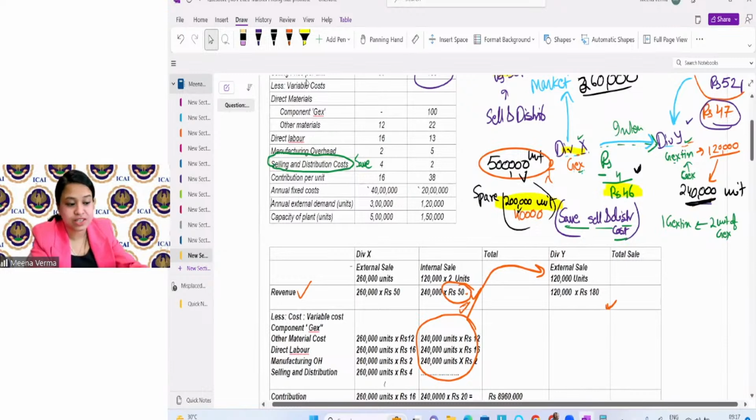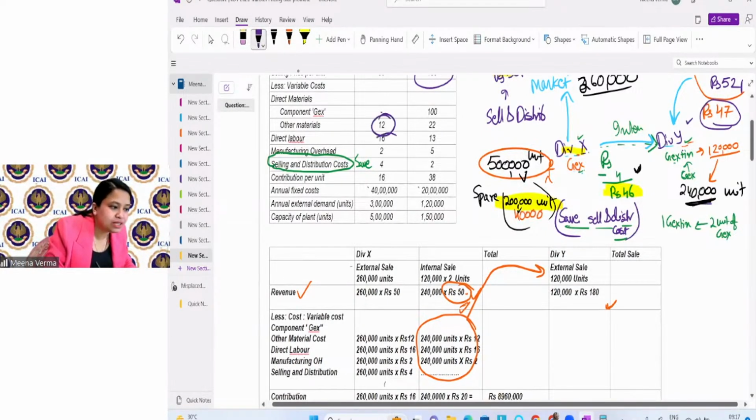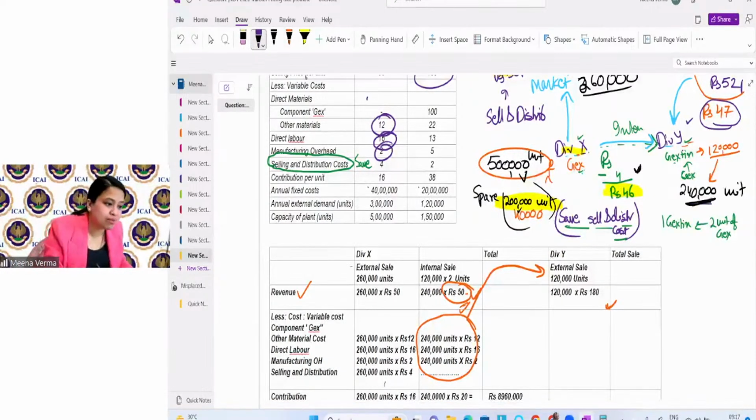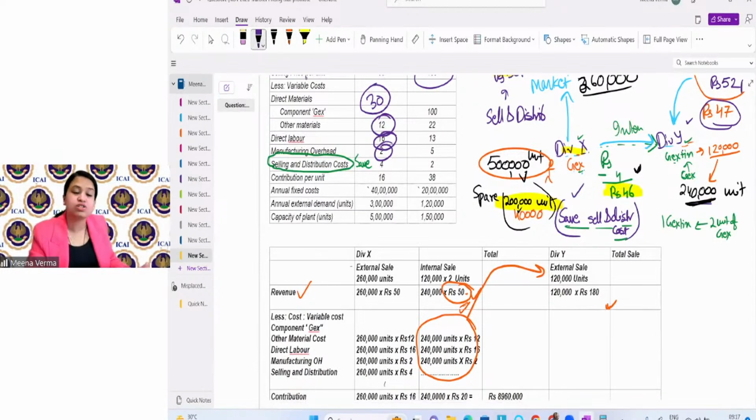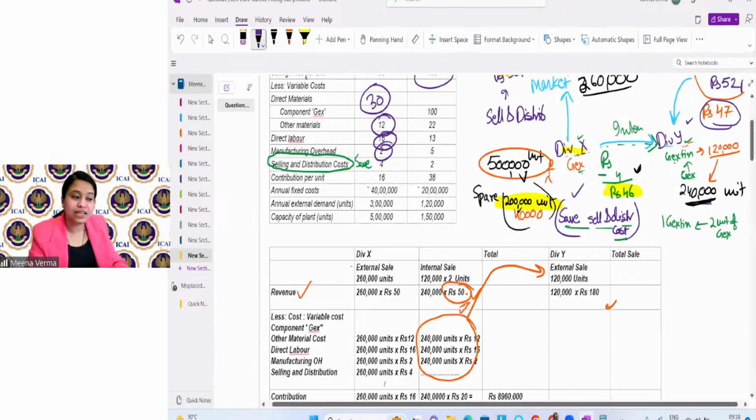Division X has the spare capacity, so in such a situation he only needs to recover the variable cost, that is, material, labor, and manufacturing overhead, that's it. This comes to 30. 30 was enough for division X, but he is receiving 50, which is a very good amount. Division X must be earning very good profit from internal transfer itself. Externally he is earning anyway, but internally also he is getting very good profit, and he can reduce it.